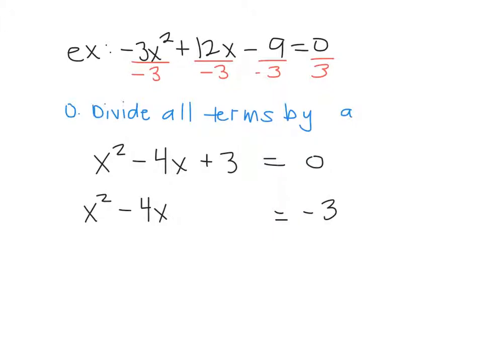And now we take b, which in this case is the -4. We're dividing that by 2. So we get -2. Then we're going to square that. So we get a +4. Now you remember that's what we add to both sides.